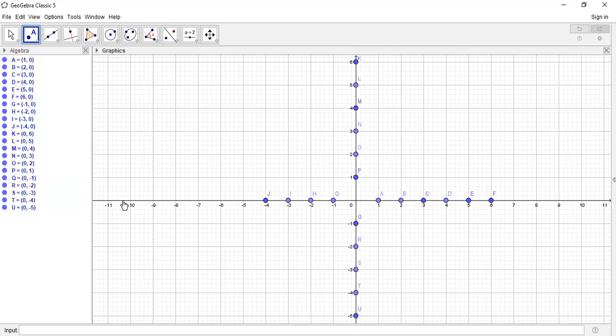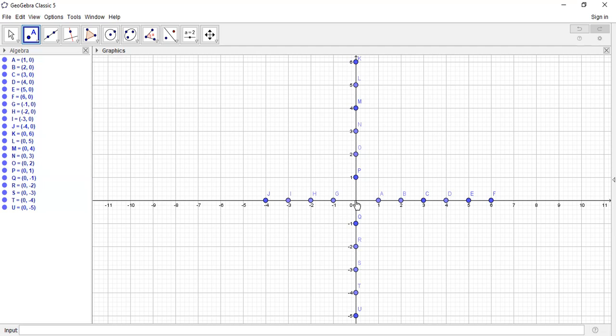I want to repeat again. This x-axis is known as y equals to 0, and x equals to 0 means y-axis. Okay, y equals to 0 means x-axis, and x equals to 0 means y-axis.